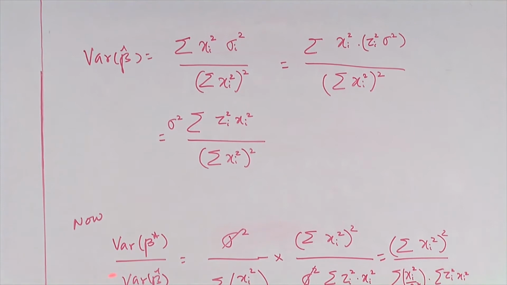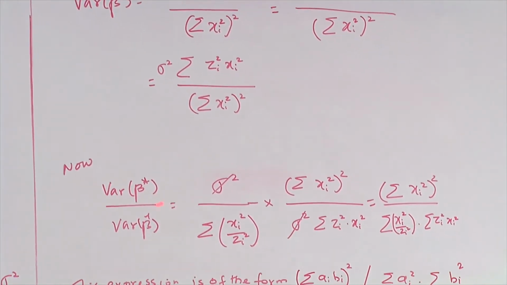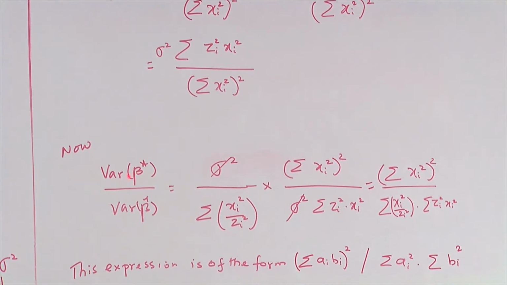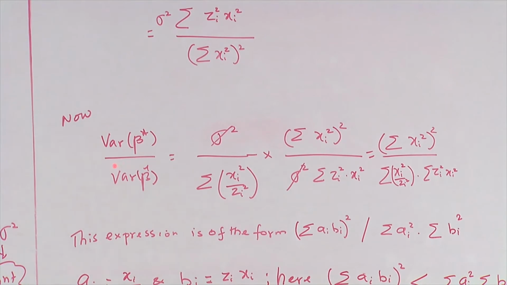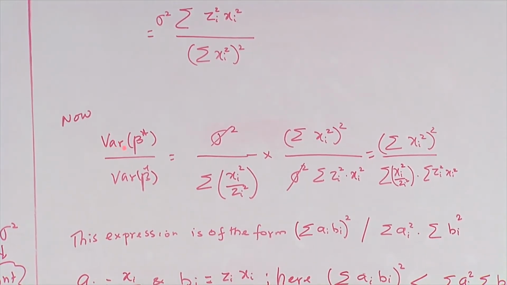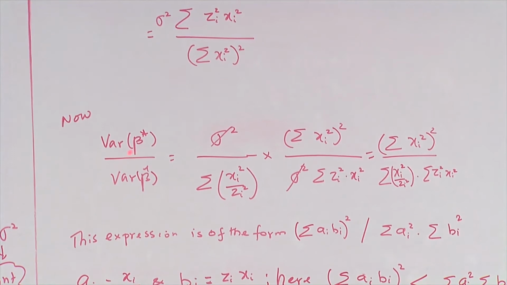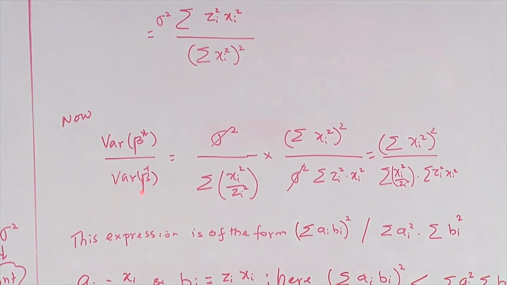Now, we may take the ratio between the variance of beta star, that is the efficient estimator, got after dividing both sides of the regression by zi, and the variance of the OLS estimator.